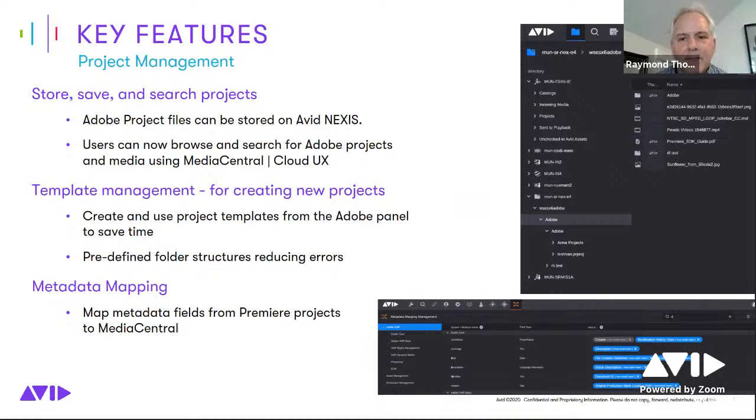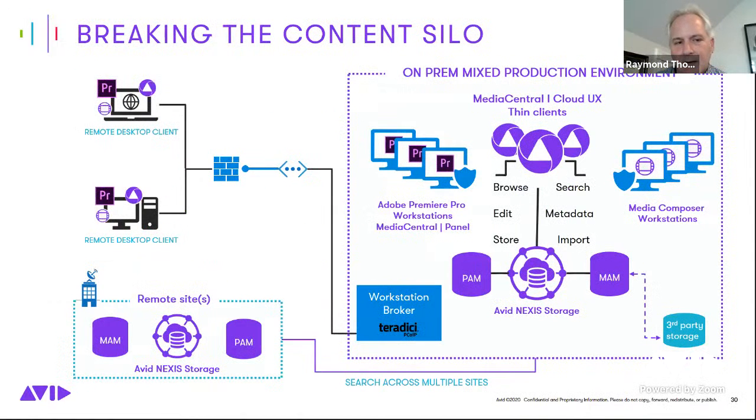And then there's the metadata mapping feature. Because there are databases in the larger implementations, you want to map the metadata so you can make that metadata search even more powerful when you're searching for content in these environments. And so that is one of the cool tool sets that you can have in the larger implementations for post.